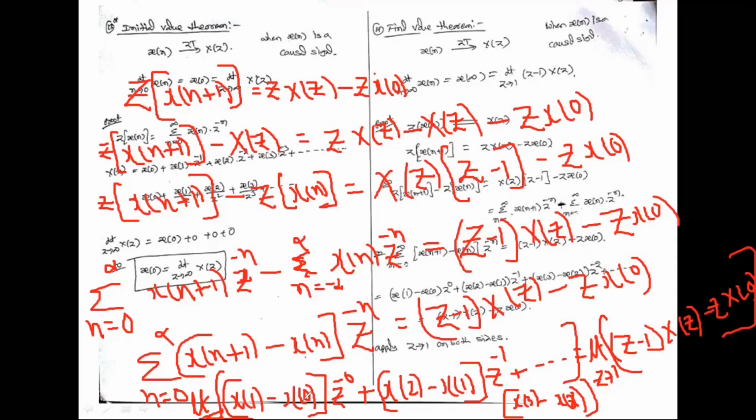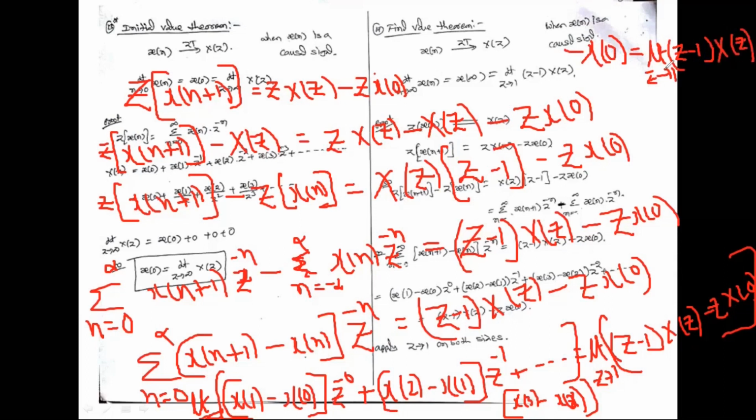x of 0 the value, and in the right hand side also x of 0, that is equal to, in the right hand side, limit z tends to 1, (z minus 1) x of z.